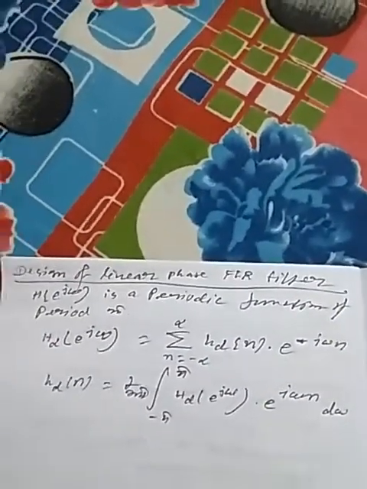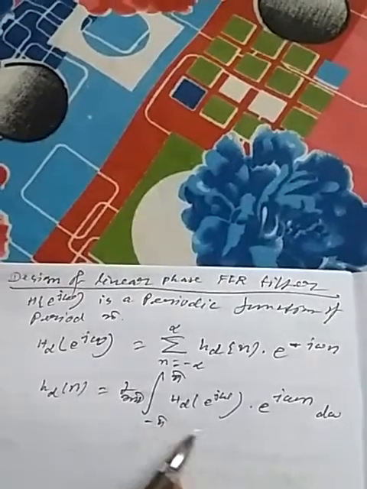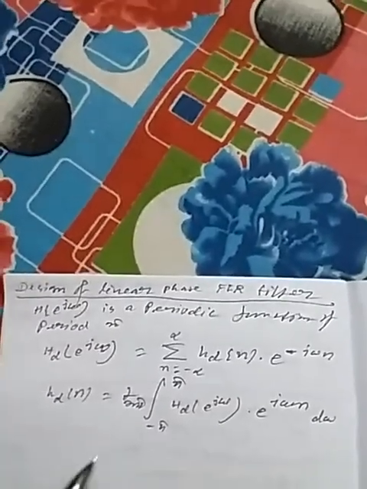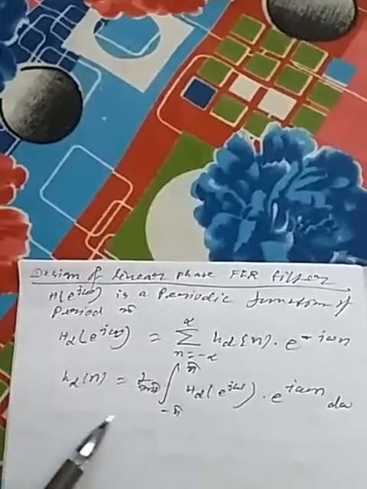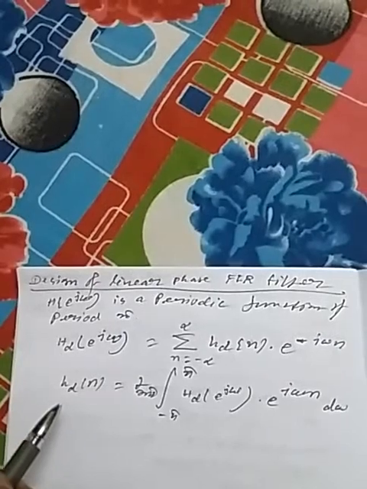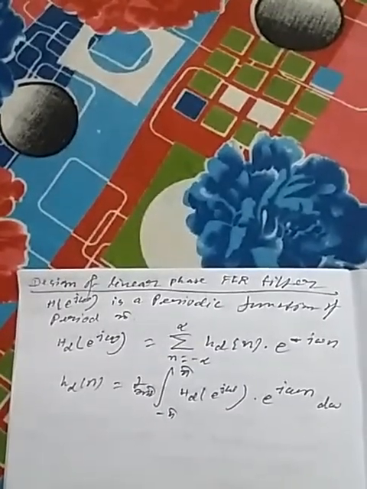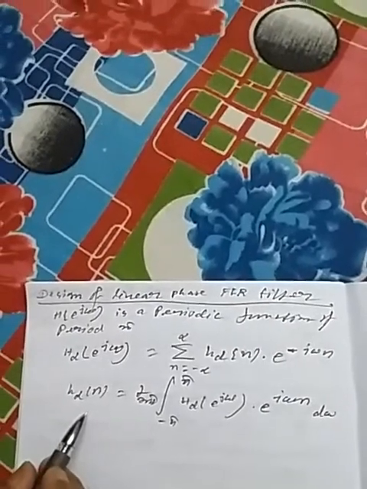So if we know the desired frequency response of the filter, then we can easily obtain the desired impulse response of the filter by using this formula.